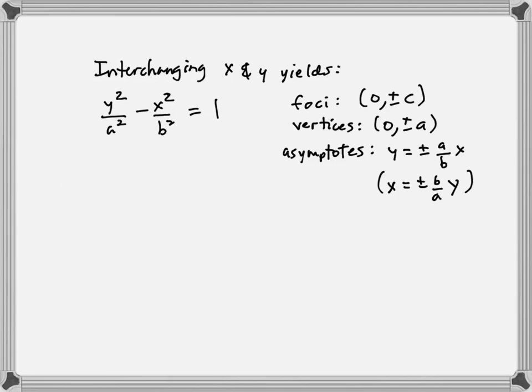Okay, and again, when you do this, your foci, 0 plus or minus c, 0 plus or minus a. So let's say this is a, and let's say that b is right here. Again, it could be any size.